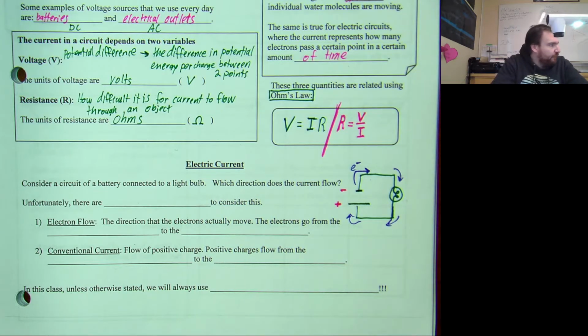But circuits have been around for a really long time, longer than people knew about electrons and protons. So if you were building a system involving the flow of electricity, and you don't know what that electricity is, would you assume that the electricity is actually negative?